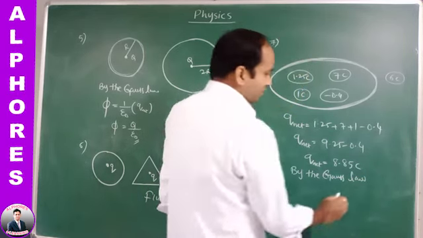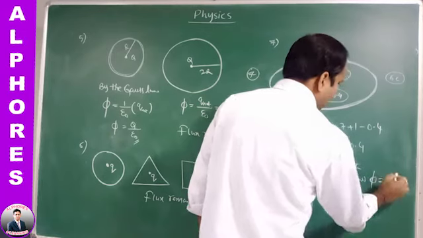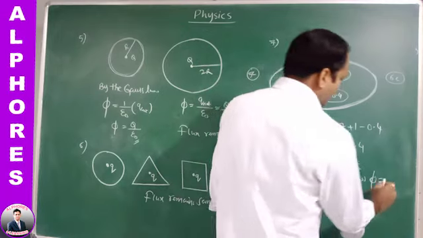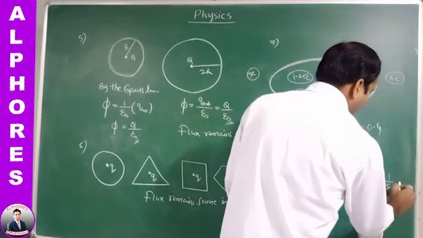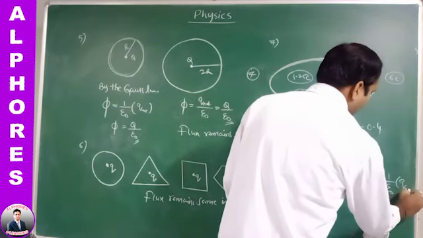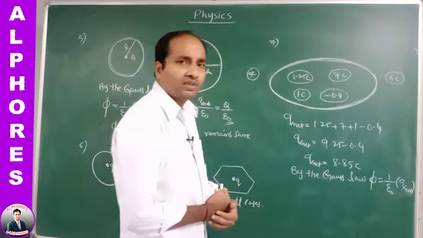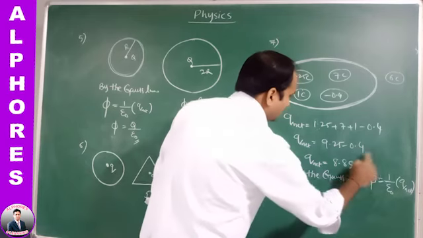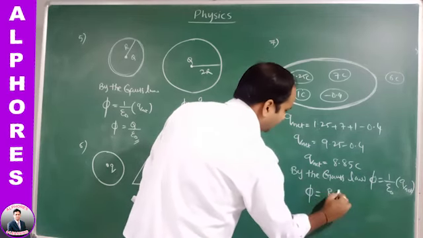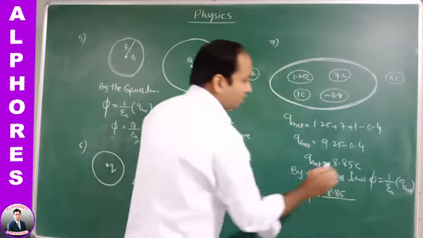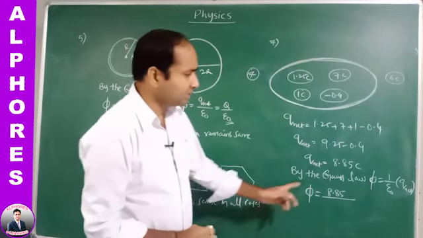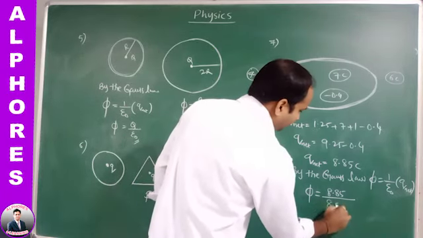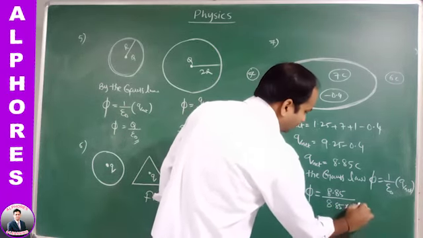What is the total flux? The total flux passing through any closed surface is equal to 1 by epsilon naught times the net charge enclosed by the surface. Phi is equal to the net charge we got here, 8.85, and the epsilon naught value is 8.85 into 10 to the power minus 12.